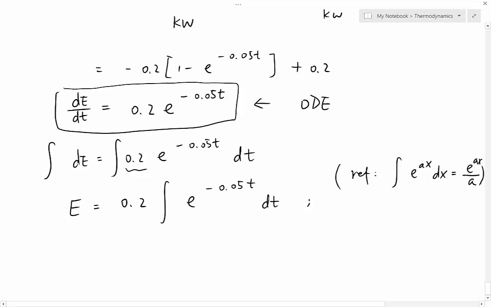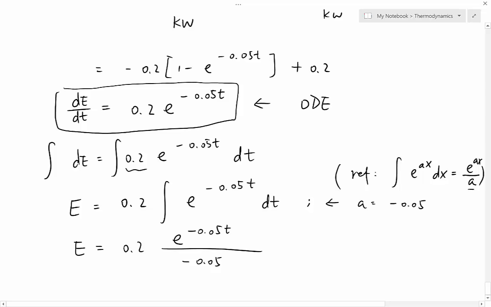Now can you tell me what is the a for this problem? The coefficient before x is negative 0.05. So now this is easy. We have 0.2, so what is my solution? e^(-0.05t) divided by a, and what is my a? Negative 0.05.